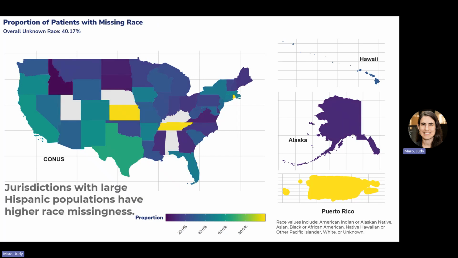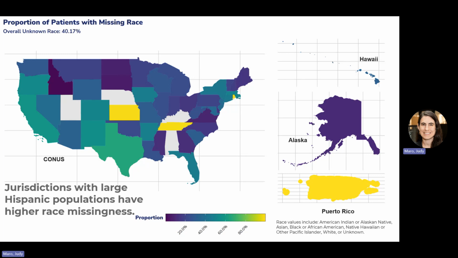On the next slide, I'm showing you the proportion of patients with missing race. And this is much higher. Whereas 18% or so had missing ethnicity, 40% or so have missing race when we convert these data into the Sentinel Common Data Model, which has a separated race and ethnicity variable. You can see that the jurisdictions that have very large Hispanic populations have that higher race missingness.